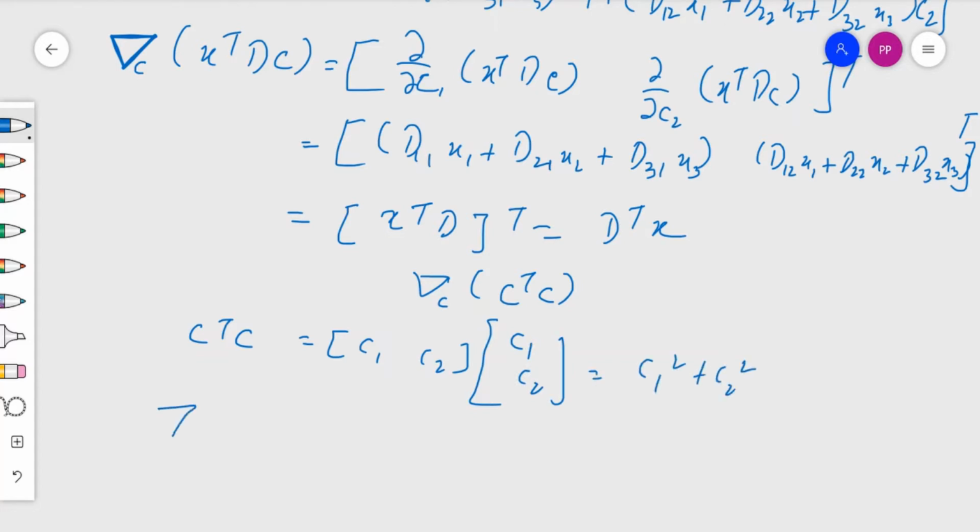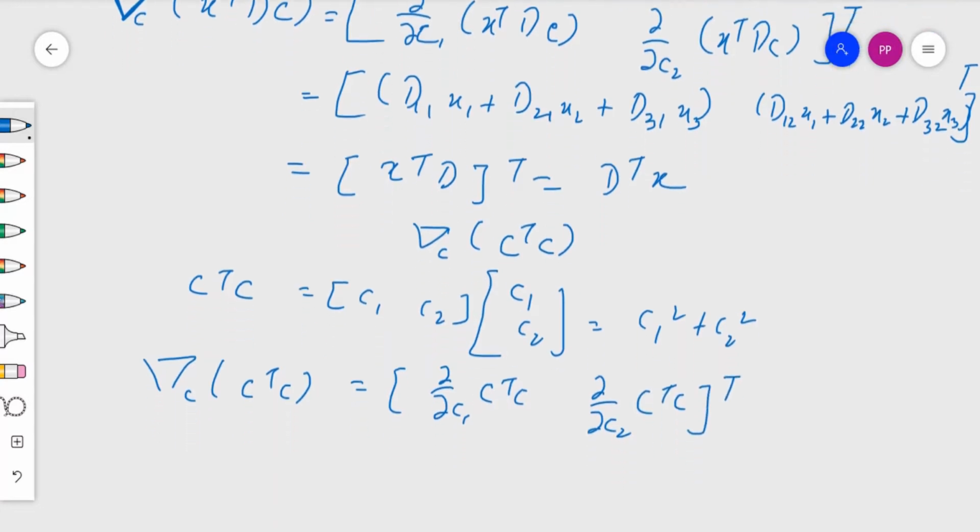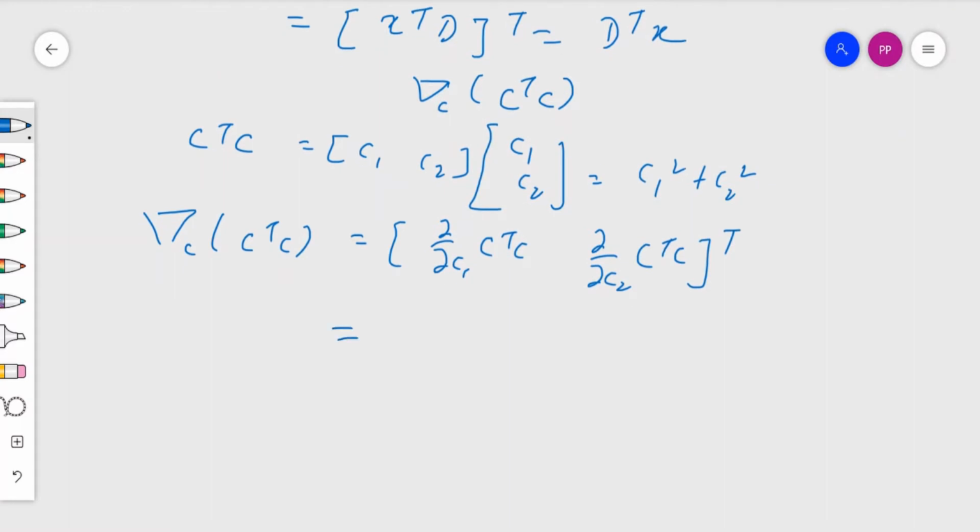Now the grad C over C transpose C will be equal to dou by dou C1 of C transpose C and dou by dou C2 of C transpose C, and this is transposed because this is a vector. So if it's differentiated with respect to C1, we'll get 2C1, then the second one is 2C2, like this. So naturally we'll have 2C over here.